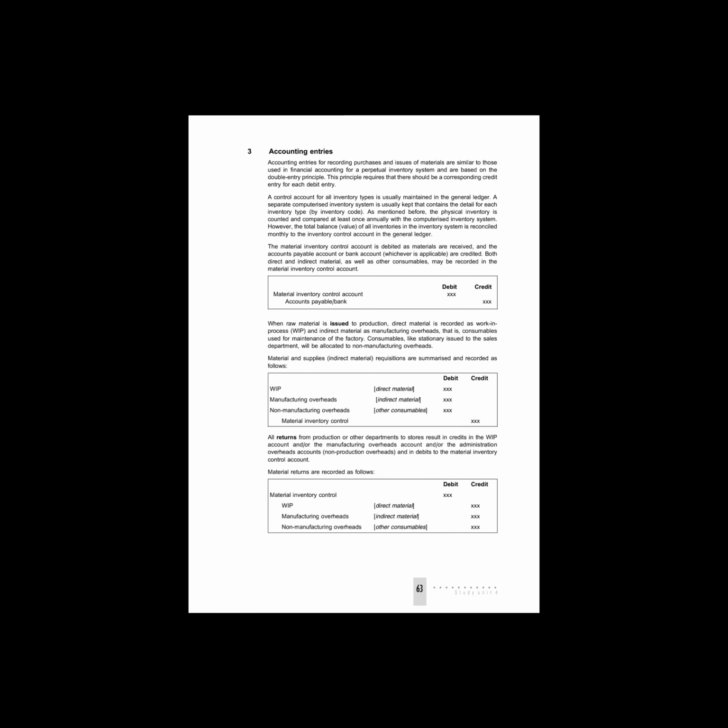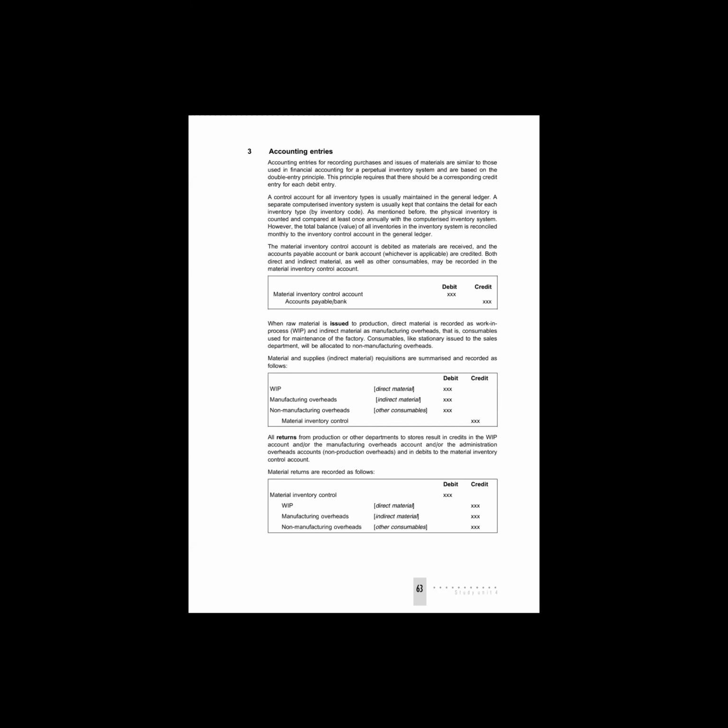All right, and then all returns from production or other departments to stores result in credits in the work in progress account. So when we deal with the work in progress account, we are dealing with direct materials.